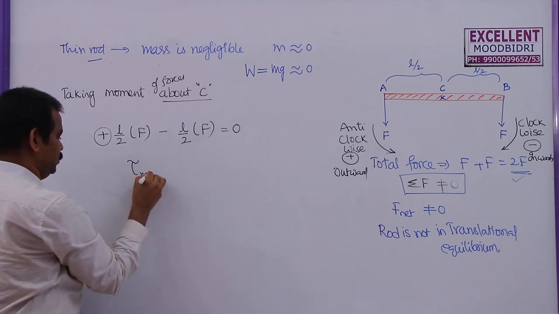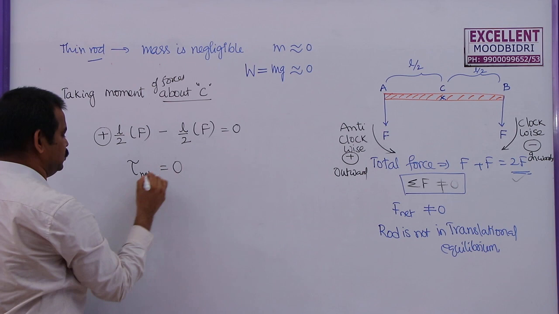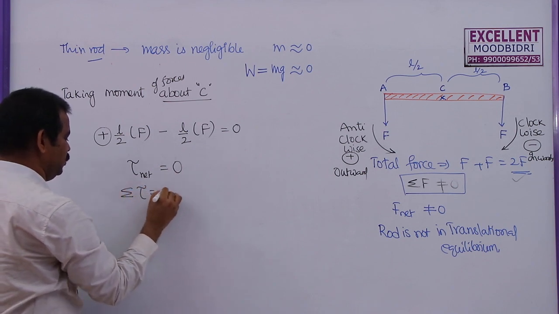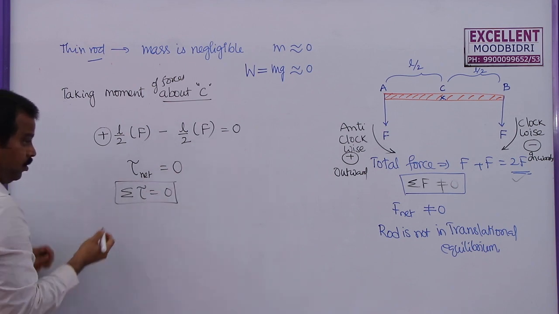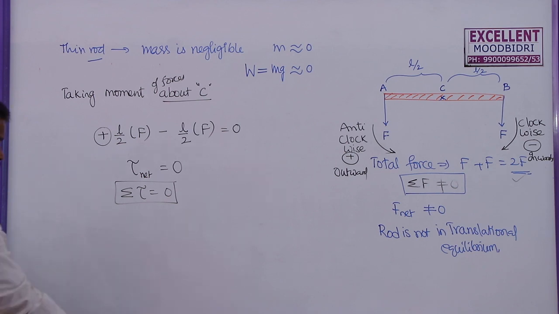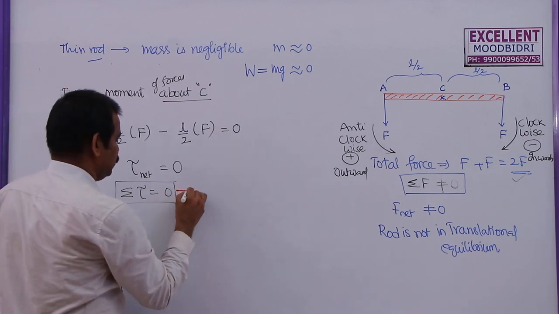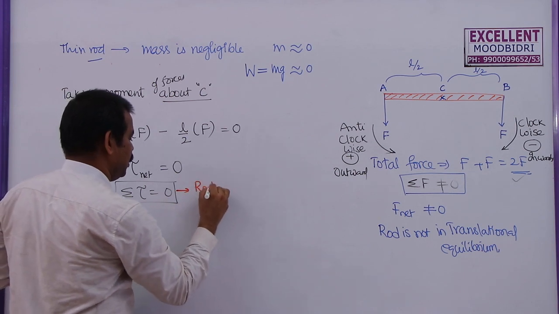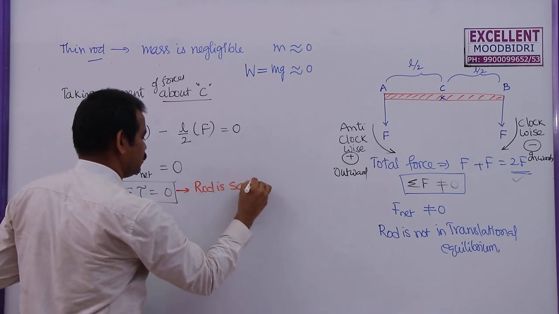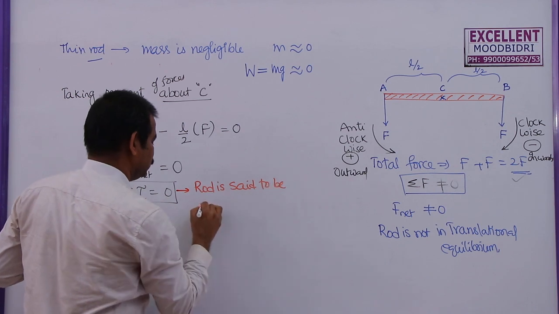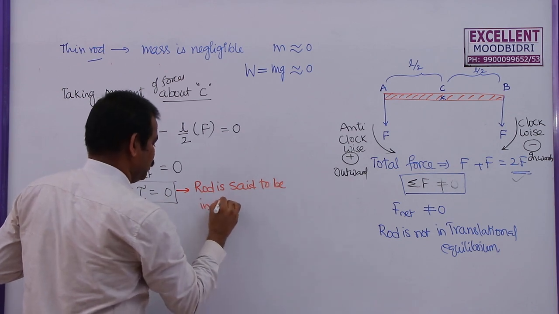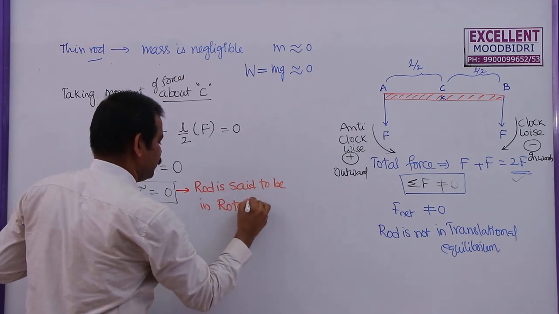So the sigma torque, or tau net, is 0. Sigma tau is 0 on this rod. Whenever the net torque is 0, what can we say? The rod is said to be in rotational equilibrium.